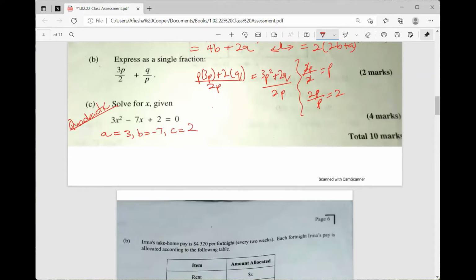So we know that we have to multiply ac, which is 3 by 2. Then we have to say, well, okay, that gives us 6. We find two numbers that when we multiply them, we get 6, and when we add them, we get -7. So I can say 1 by 6, 2 by 3. That's about all, right?